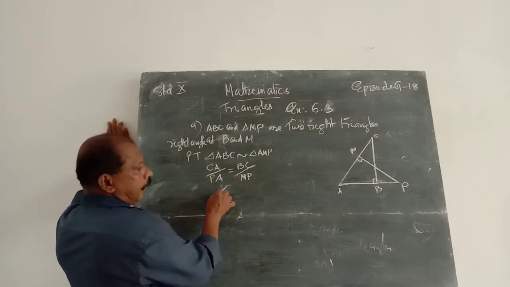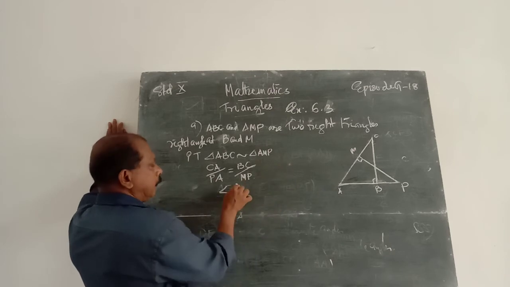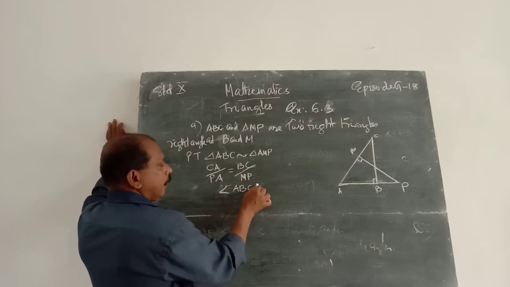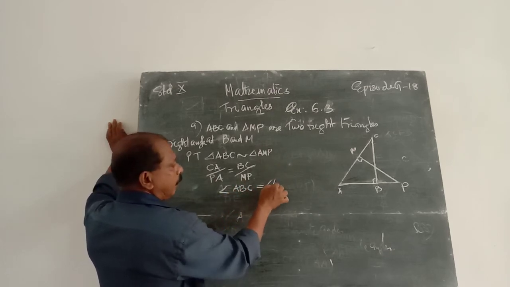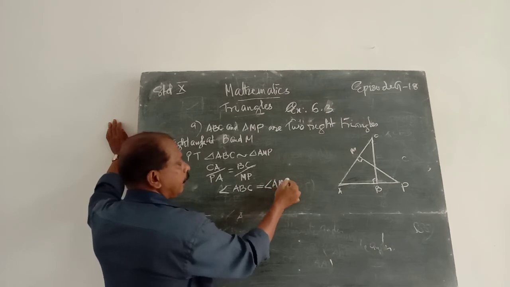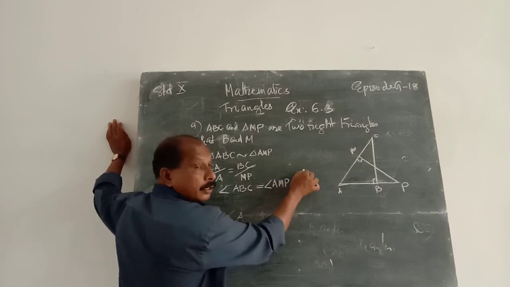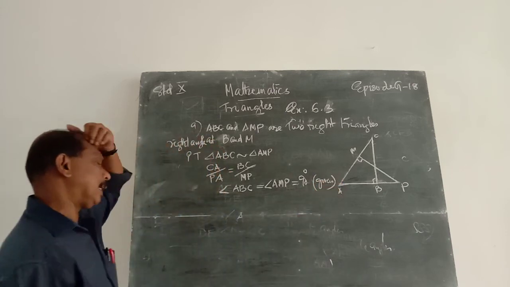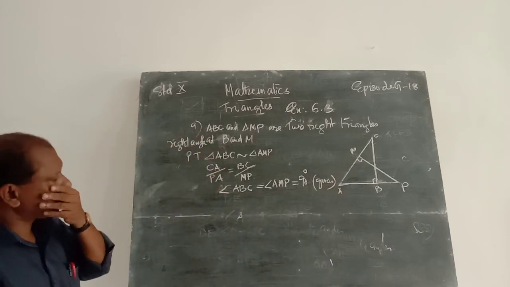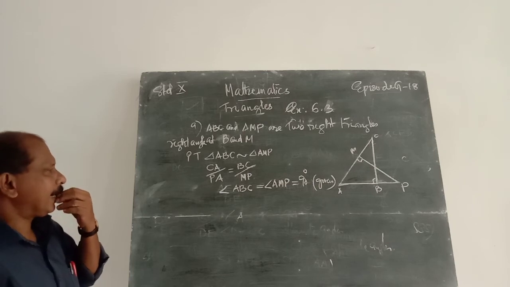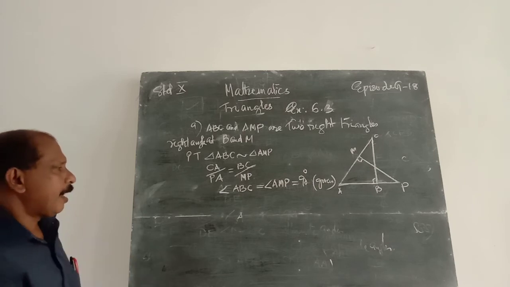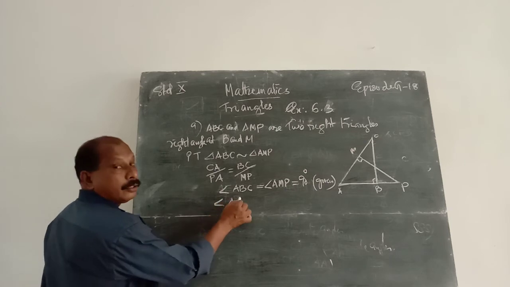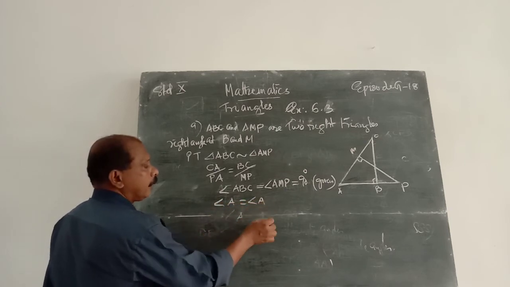Angle ABC is equal to angle AMP, equal to 90 degrees, that is given. Angle A is equal to angle A, that is common.